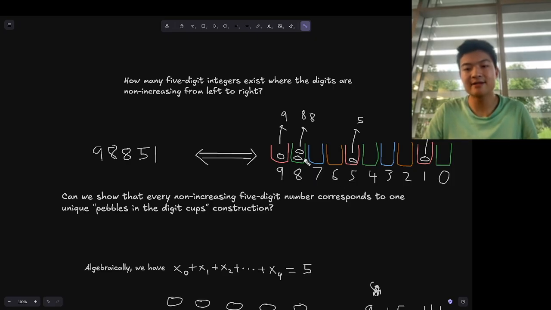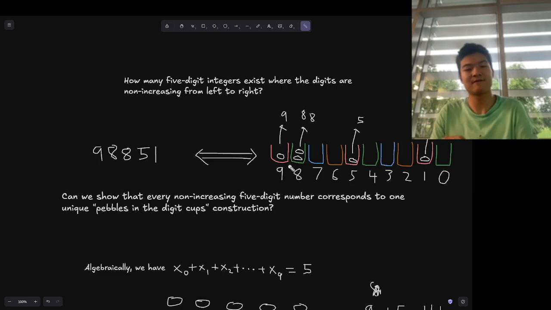And then in the end, if we keep the order from left to right, we get that our digits are non-increasing from left to right. When we read these numbers from left to right, we get exactly the number on the left-hand side, which is our desired 5-digit integer.